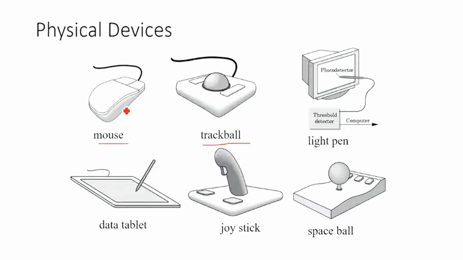So this trackball will have a ball attached here, right? You can move this ball in different directions to change the pointing position, and of course you can capture the inputs based on these buttons if you want to. So that's the trackball.